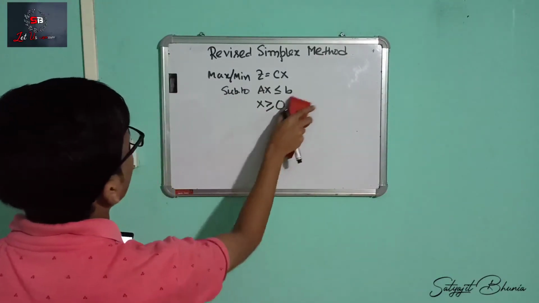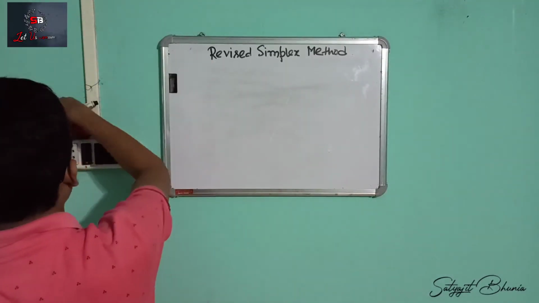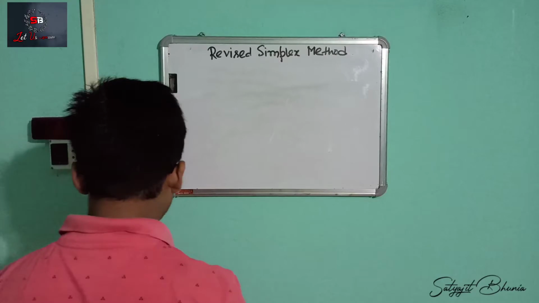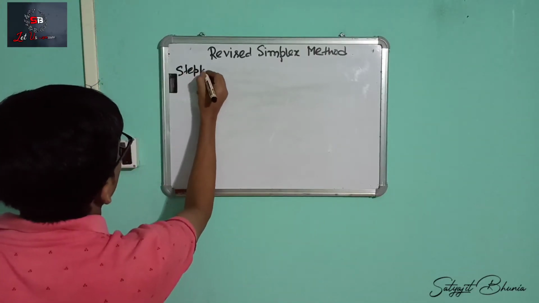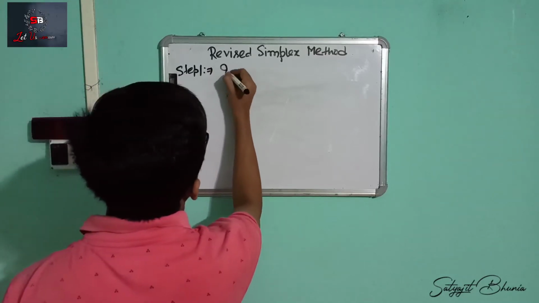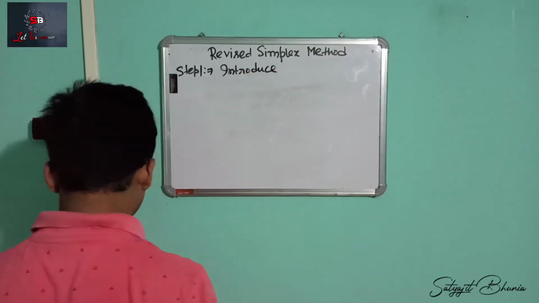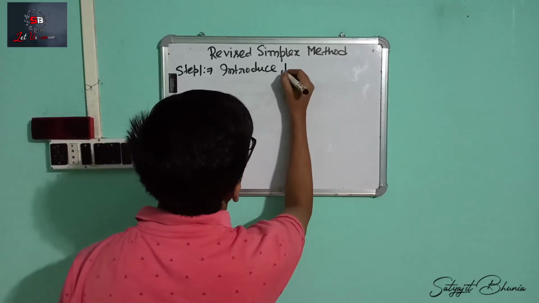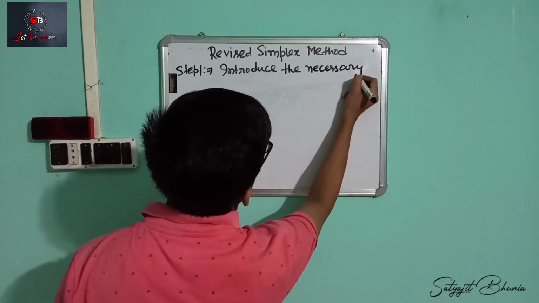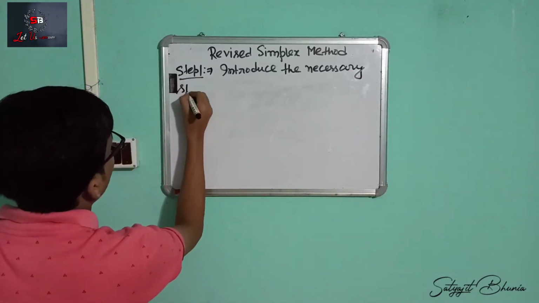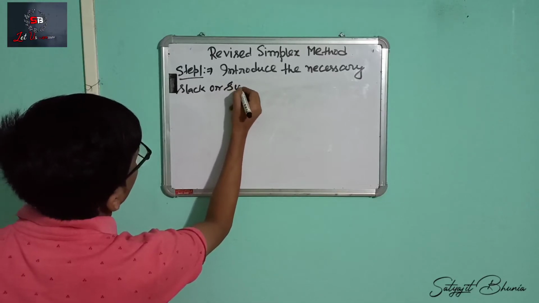So the computational procedure. We will start with step 1. What is step 1? Introduce the necessary slack or surplus variables.